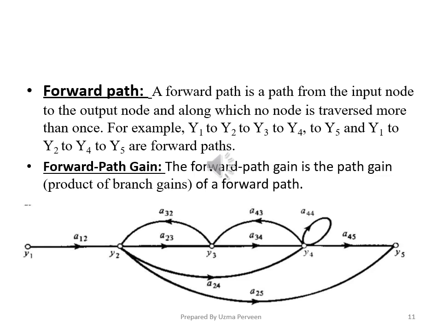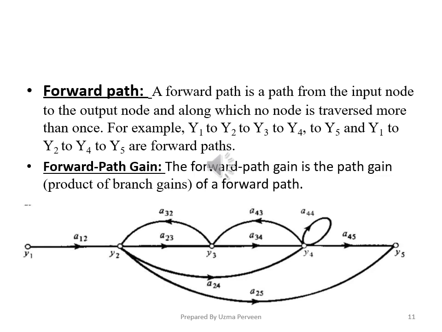For example, if we consider the first forward path y1 to y2 to y3 to y4 and then y5, it means that the forward path gain is the product of these branch gains, that is a12 multiplied by a23 multiplied by a34 and then a45. So the product of these branch gains is called the forward path gain.